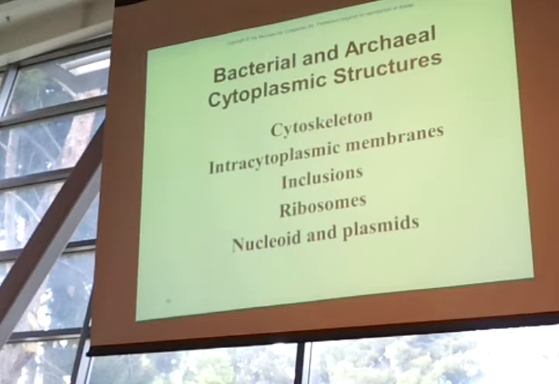But now we're going to be inside of the cell. Okay, so if you're diagramming this out, you're diagramming a plasma membrane, and then a periplasmic space, and then whatever type of cell wall it has, then a capsule and a slime layer and a possible S layer. That's where we are so far.